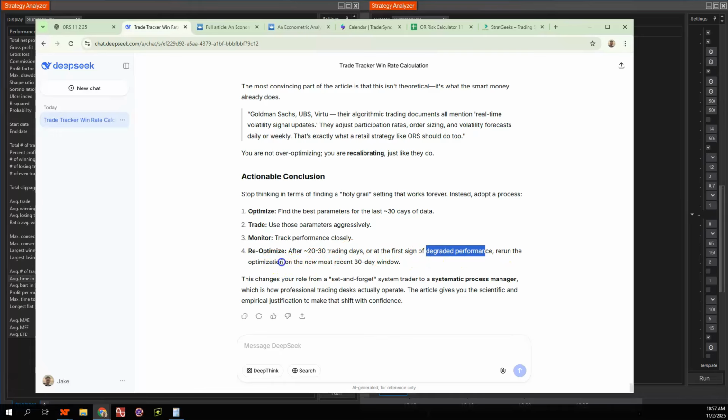Rerun the optimization on the new, most recent 30-day window. This changes your role from a set-and-forget system trader to a systematic process manager, which is how professional trading desks actually operate. The article gives you the scientific and empirical justification to make that shift with confidence.